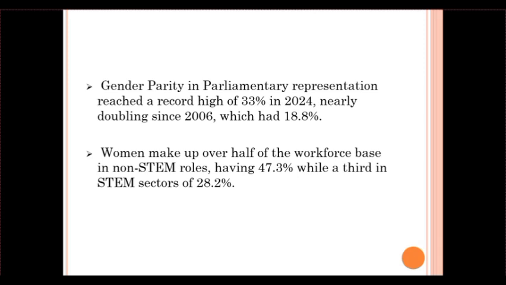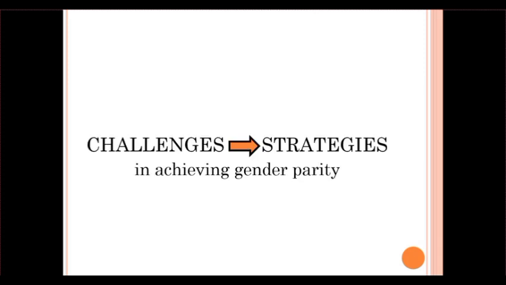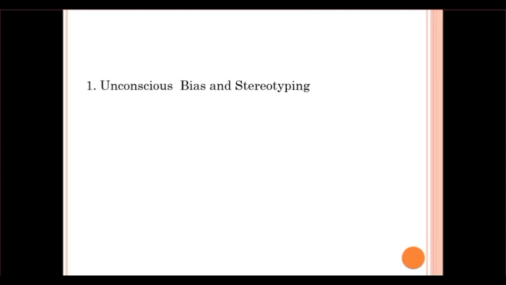Meanwhile, we have 28.2% of women in those roles globally, while we have 47.3% of women in non-STEM roles. There is no work that is not important, but allow me to say it like this. According to their yardstick, women are not really in the important work. We just have 28.2% representation of women in, in quotes, important work.